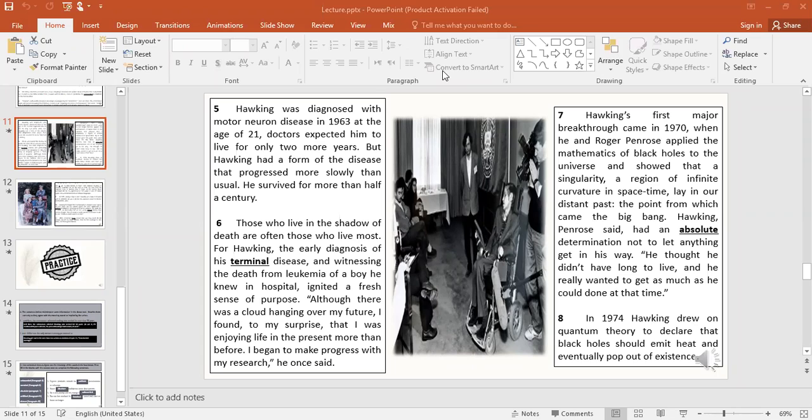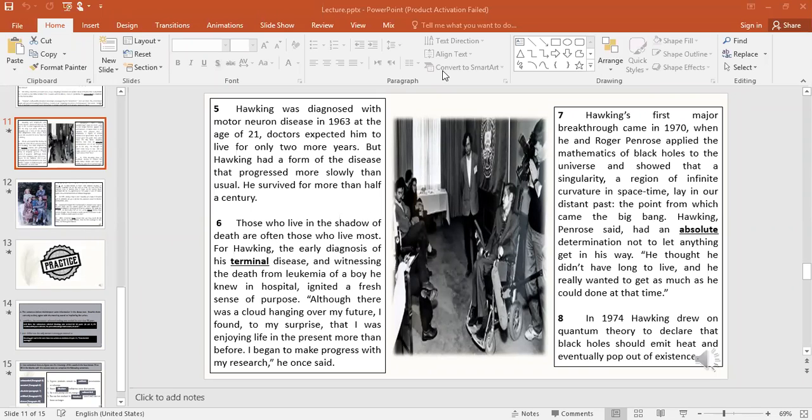Now we are going to continue reading from paragraph 8. But before we start, who can remind me what was the disease that Stephen Hawking suffered from? Yes, Maya. Motor neuron disease. Who can explain to us what this disease is?